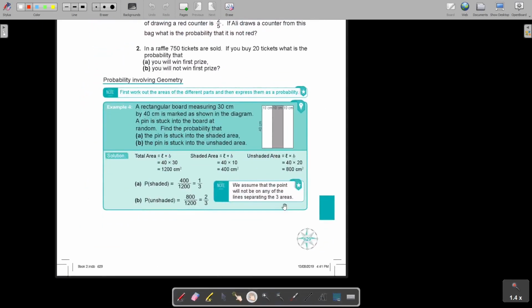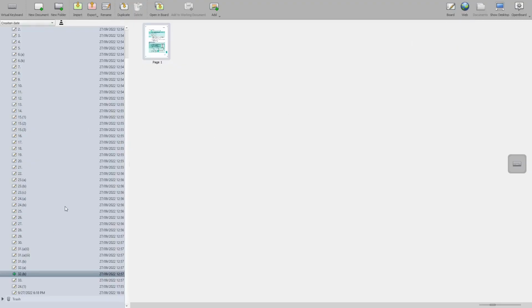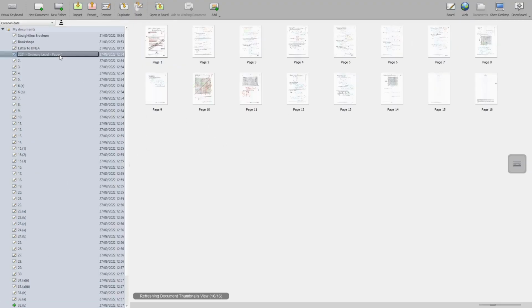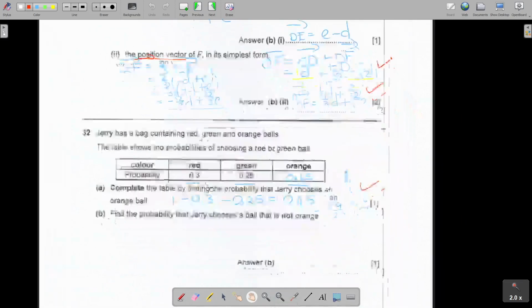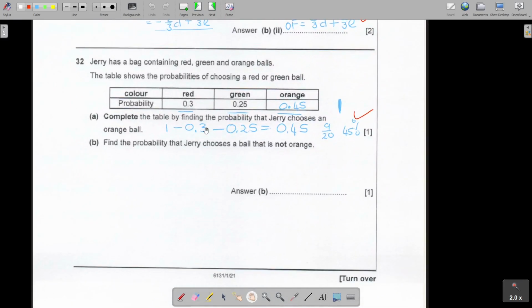Can I just show you? That's page 6 to 9. So let's go to the question paper. It's not that one, this one. You can either add up those two, as I said, or you could say the probability of not orange is 1 minus 0.45, and that's 0.55.